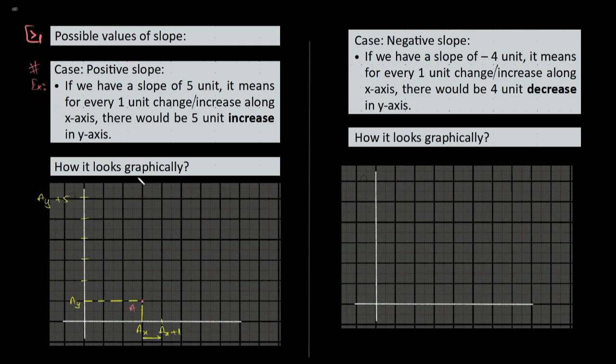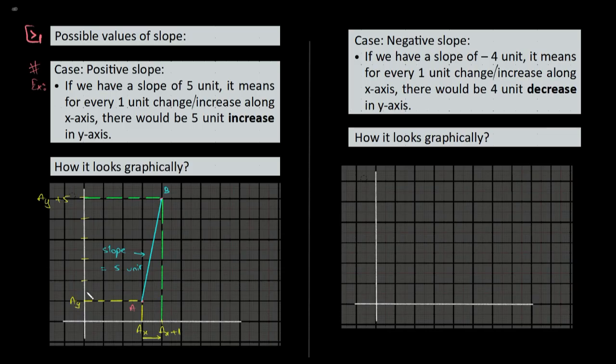The point wherein these two sets of values meet is over here, and the line would be this. This is a line with a slope of 5 unit. This is point P. So this is your positive slope.